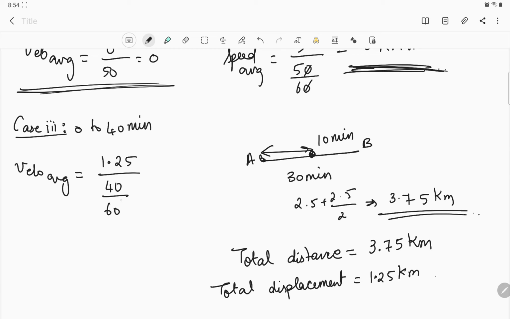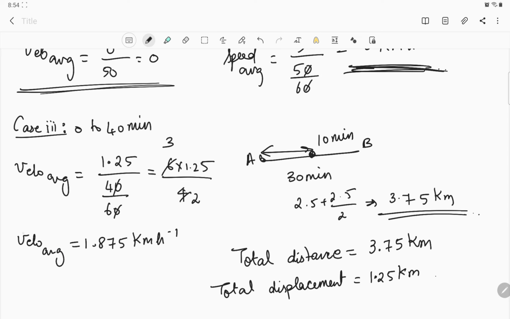So 40 by 60. So the zeros cancel, 6 into 1.25 divided by 4, so 3 by 2, and 1.5 into 1.25 is going to be 1.875 kilometer per hour. So this is the average velocity, right?